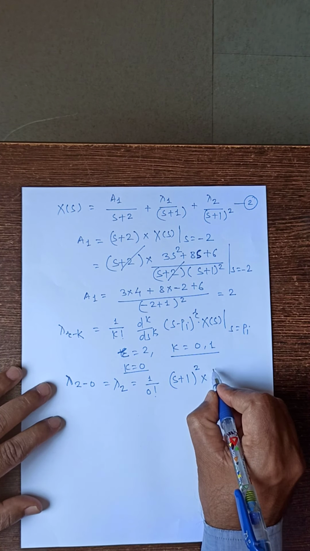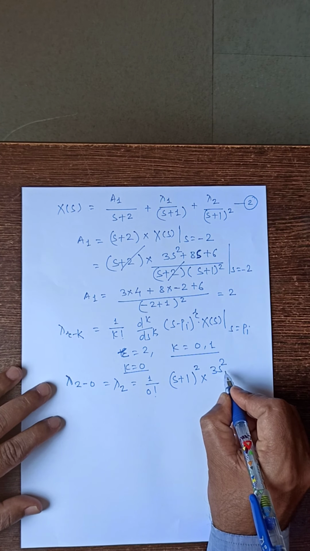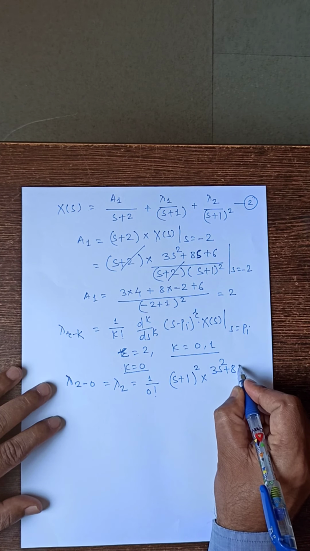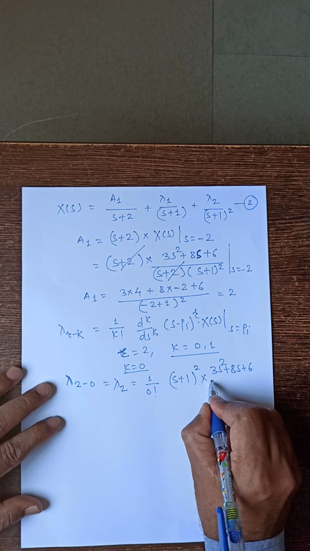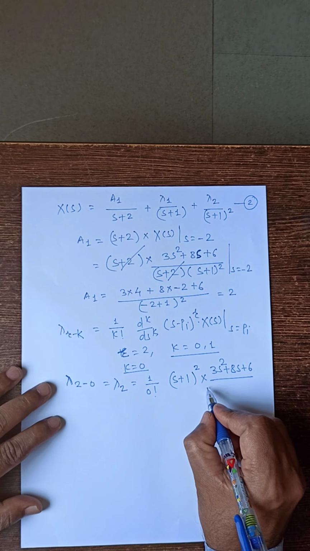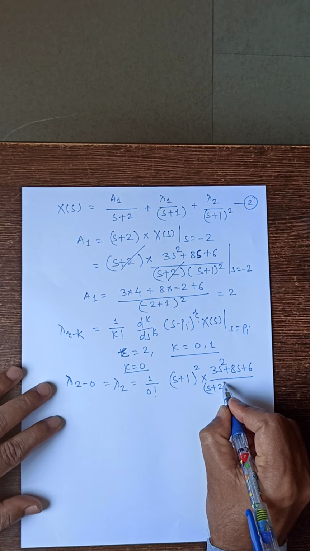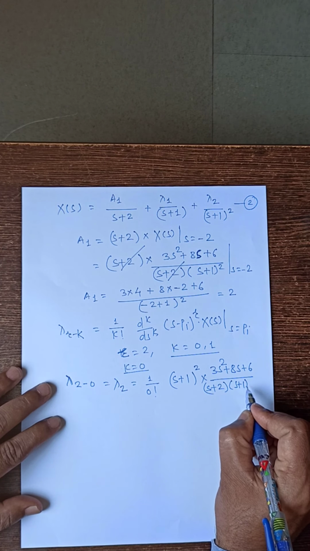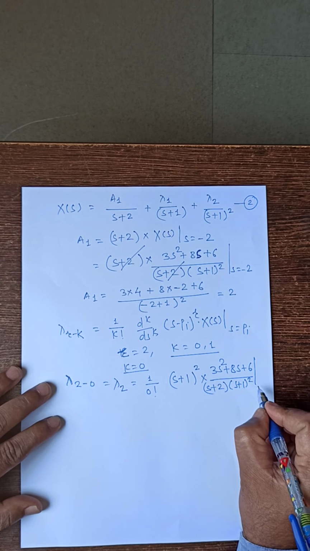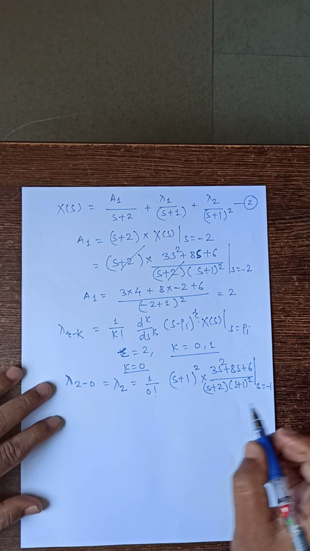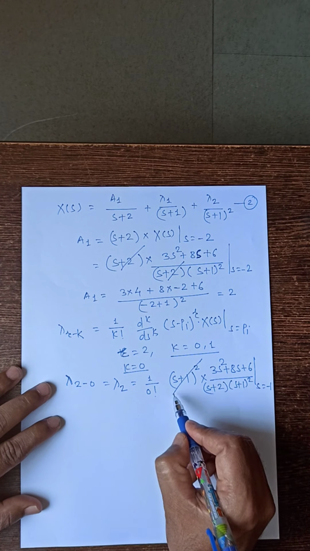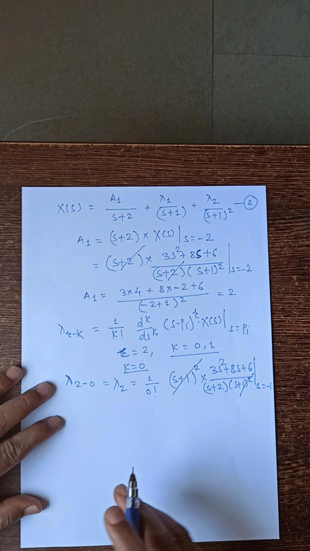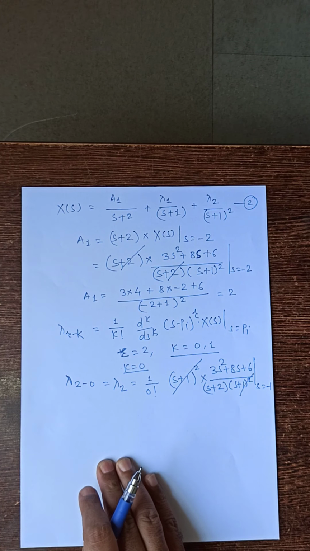So X of s is equal to (3s square plus 8s plus 6) divided by (s plus 2)(s plus 1) squared at s equals minus 1. So (s plus 1) squared and (s plus 1) squared are going to be cancelled.